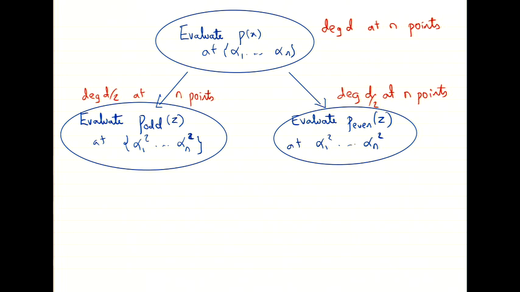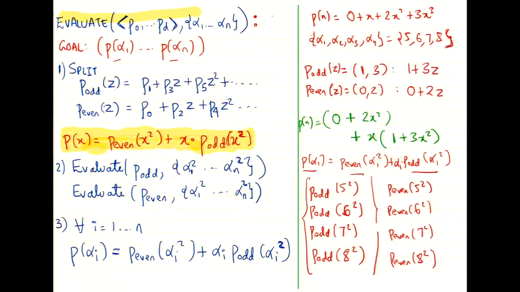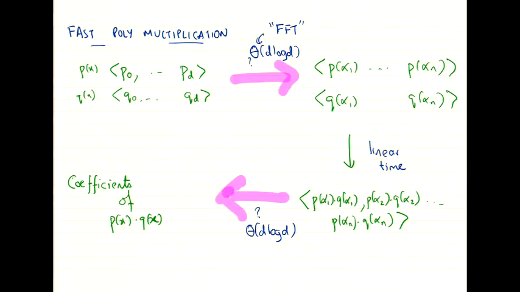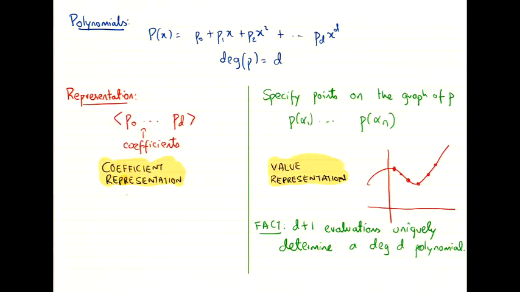If you recall, in our original problem, we were talking about two different representations of the polynomial. We could either represent the polynomial using its coefficients, or the value of the polynomial at a bunch of points, p of alpha 1 through p of alpha n. Here, alpha 1 through alpha n is completely left to us. We can choose any choice of alpha 1 through alpha n.